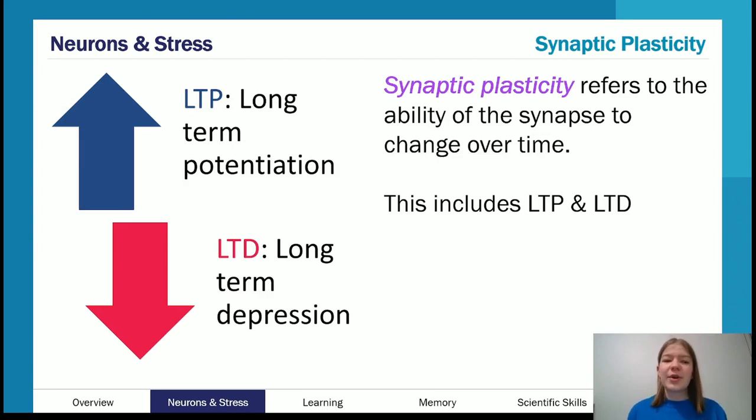We also want to think about how the response that the neuron has can change due to synaptic plasticity. So know that the brain is quite able to adapt, and synaptic plasticity is a specific type of neuroplasticity where we're having synapses change over time. So we have LTP, which is long-term potentiation, and LTD, which is long-term depression.